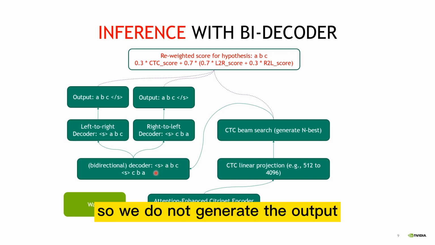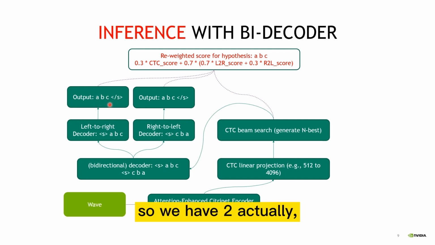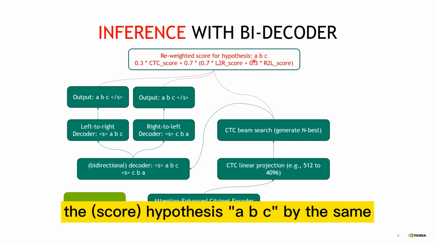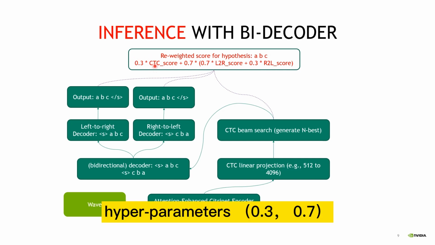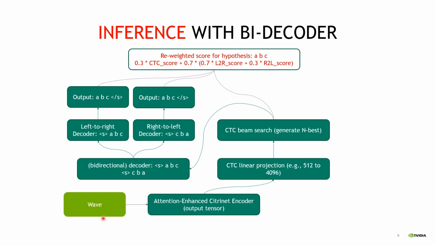We do not generate the output step by step, but only give a one-shot output. So we have the scores of the two decoders, and then we reweight the score of hypothesis ABC with the same hyperparameter: the CTC score, the left-right score, and the right-left score.